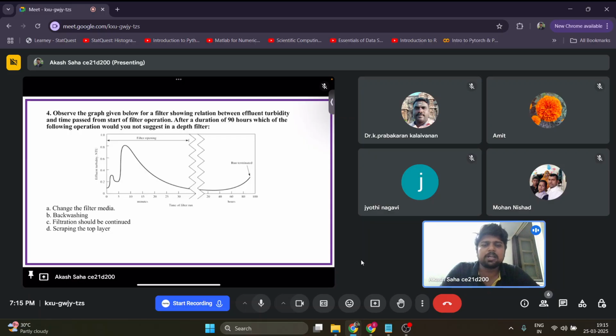So here you can see after 90 hours, at an effluent turbidity of around 0.3 NTU, we have stopped the run. Okay, so that's how it should be done. So the correct answer is filtration should not be continued after 90 hours.